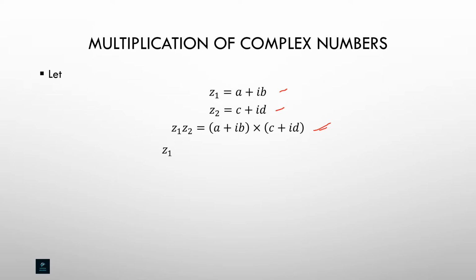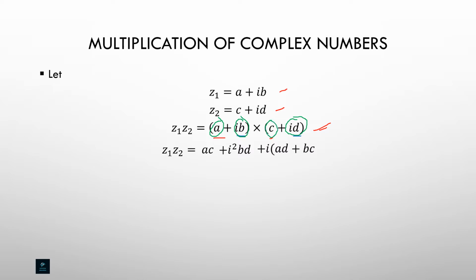This means that z1 into z2 is equal to the product of real components ac plus the product of imaginary components i squared bd plus the product of the real component of one to the imaginary component of another, and summing them.